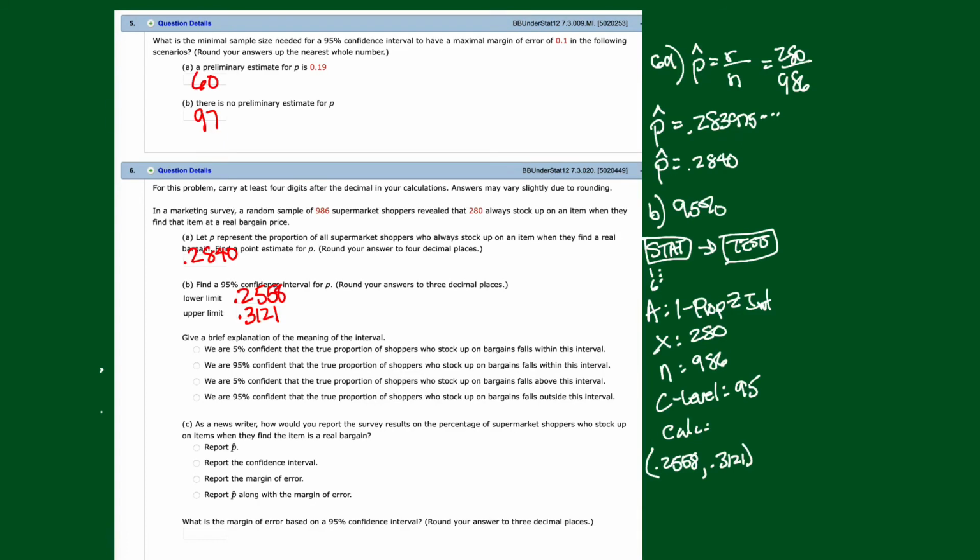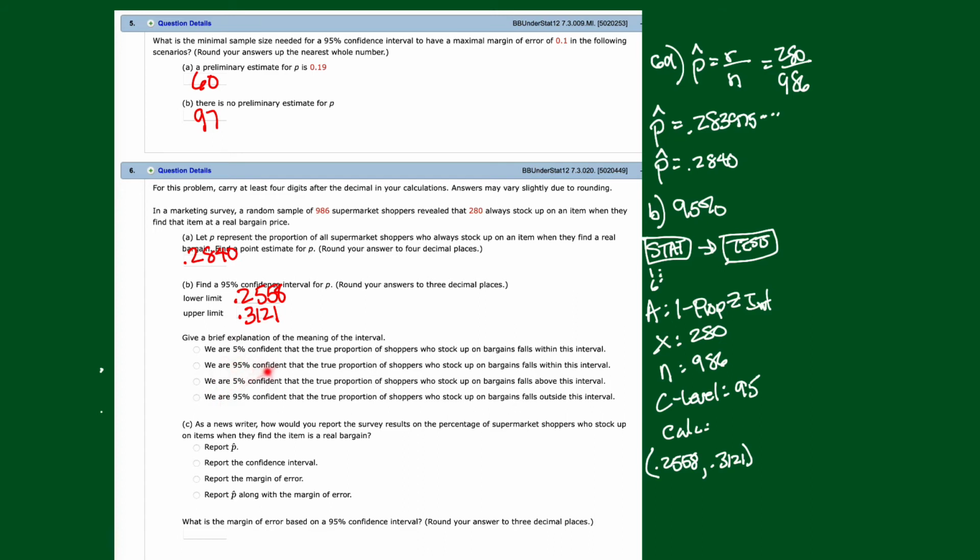So just what does this mean, right? We got this interval down here. So what does it mean? Well, I think it means we're 95% sure that this interval includes the true proportion. All right, we've captured the true proportion. So what does it say up here? What are our choices? We're 5%? No, forget this 5%. What about this 95%?